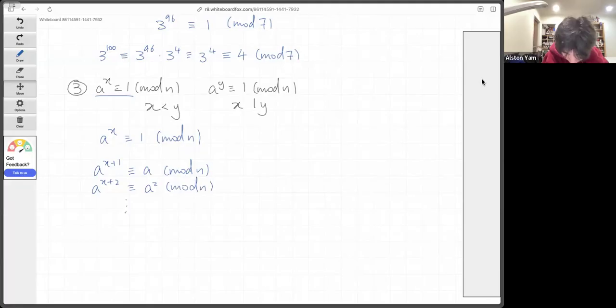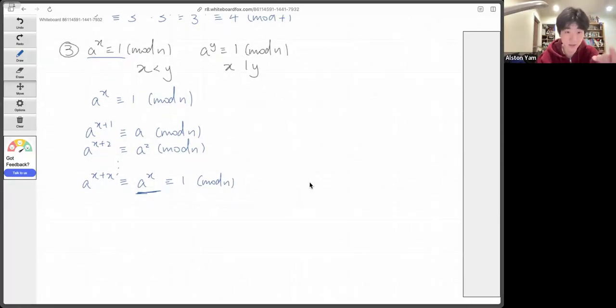And if we keep going, a to the x plus x. So when I have multiplied both sides by a to the x, something really interesting happens, because on the right-hand side we have a to the x, and that will be congruent to 1 mod n by our assumption, by our condition.